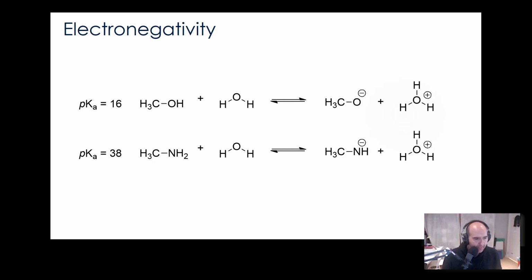Well, electronegativity is a matter of an atom's ability to hold on to electrons, or to attract electrons to itself. When an atom has a high electronegativity, it is better able to hold on to its electrons.